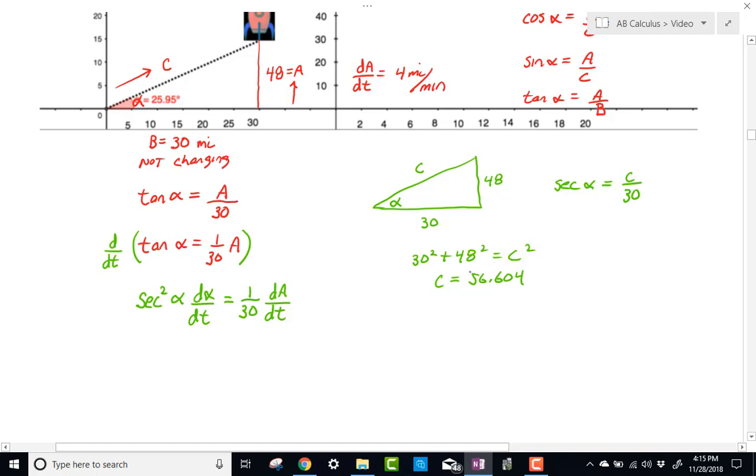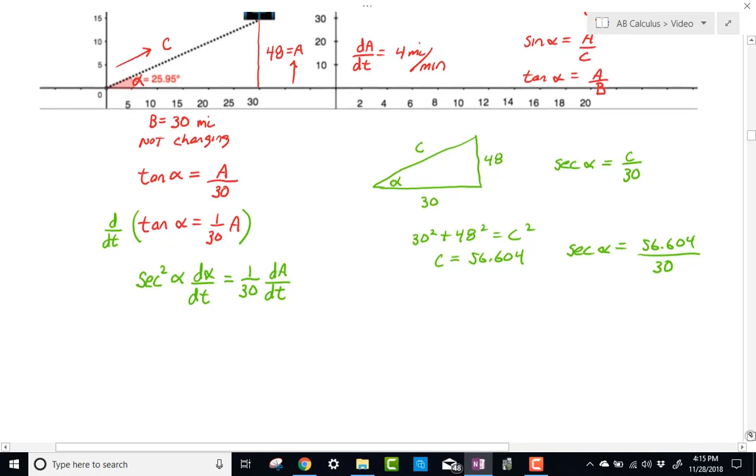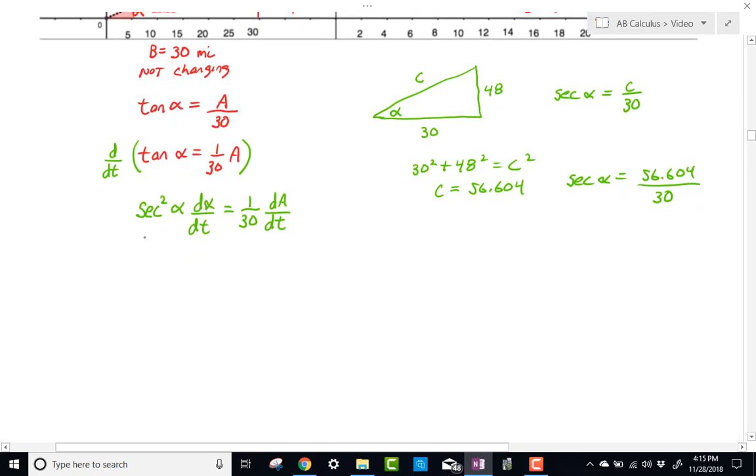Okay, so now I can say that the secant of alpha is equal to 56.604 over 30. Okay, so that's what I'm going to plug into my formula. So now I know secant of alpha and I know dA dt. So I'm going to go back over to my formula now and I'm going to continue along here.